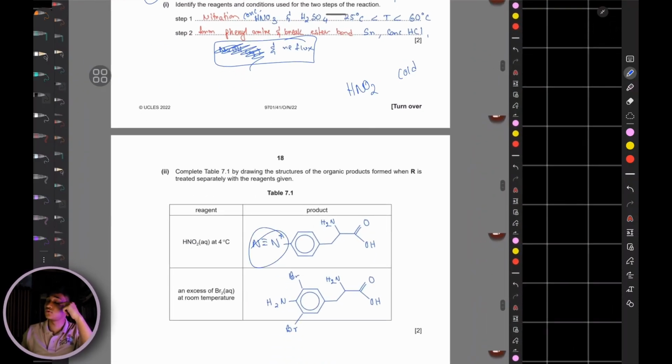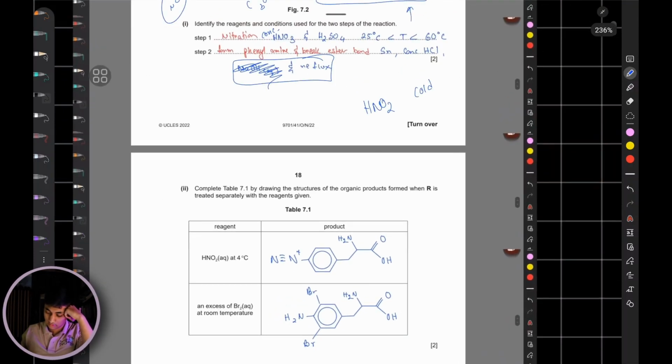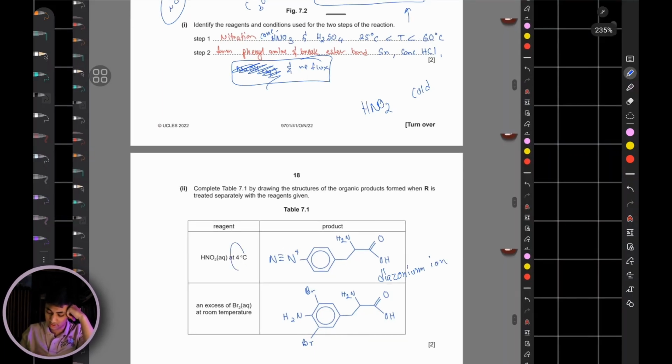That is, it's going to form this ion, that is diazonium chloride. If you did it in the presence of HCl, since they didn't mention HCl, you can say diazonium ion. So it's going to form a diazonium ion in cold conditions, 0 to 10 degrees Celsius, and in addition of HNO2.